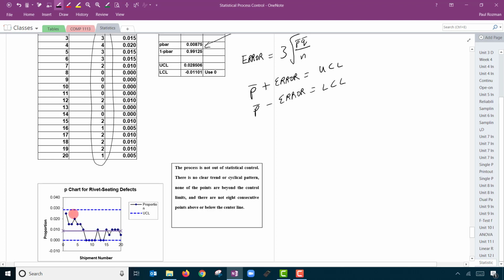So I guess by the rule of 8, we're still okay. Then we had 4 below, 1 above, 2 below, 1 above, 1 below, 2, 3 above. So we weren't having streaks of above or below. I guess this is okay.